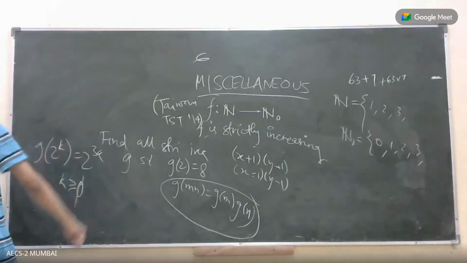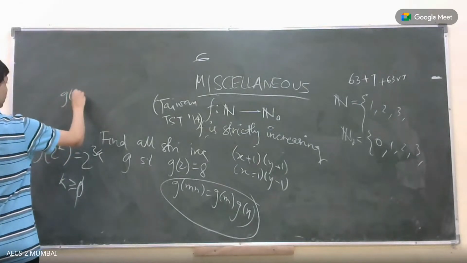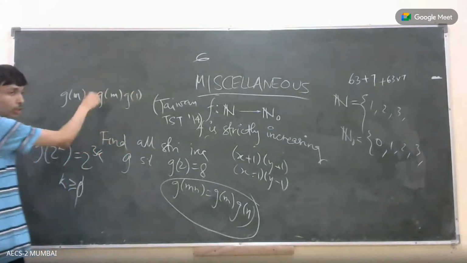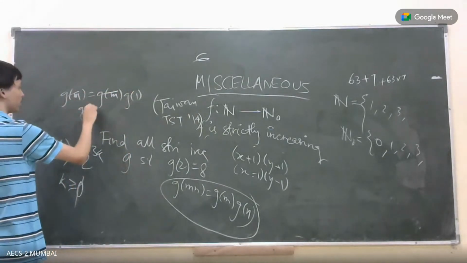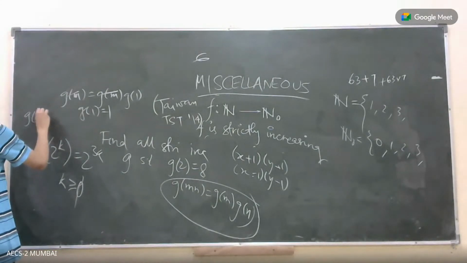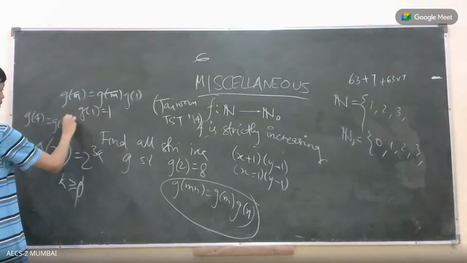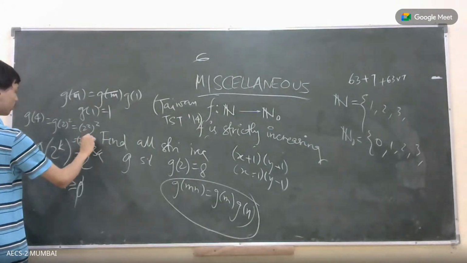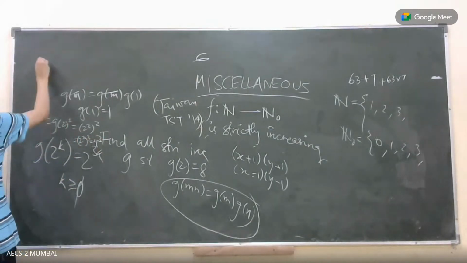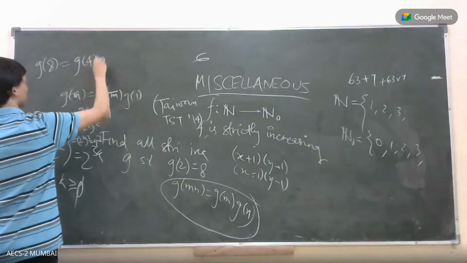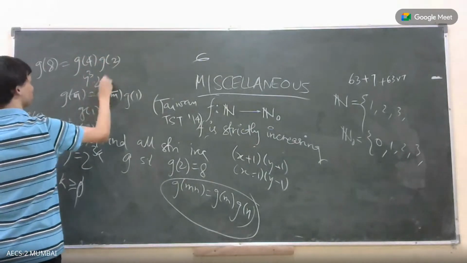First of all, g of 1 is easy to calculate now because g of n equals g of n into g of 1, and g of 2 is nonzero, so you can cancel it. So g of 1 becomes 1. How do you calculate g of 4? G of 4 is g of 2 squared, equals 8 squared, 2 to the 6, 4 cubed. How do you calculate g of 8? G of 8 is g of 4 into g of 2, is 4 cubed times 2 cubed, 8 cubed.